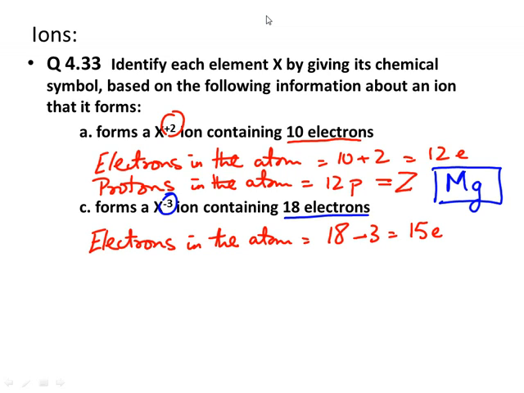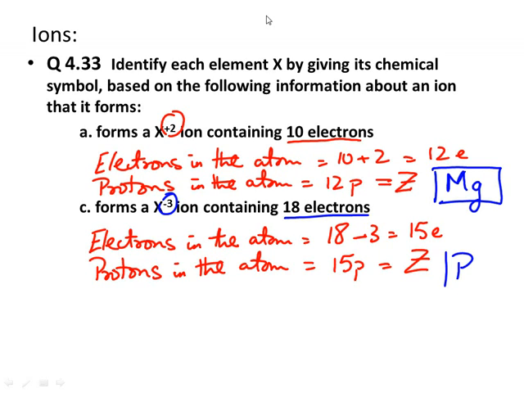And if that's the case, for an atom, please remember the number of electrons equals the number of protons. So the protons in this case will also be 15, which means the Z value for this atom is 15. And that atom will be phosphorus, because phosphorus has a Z value of 15.